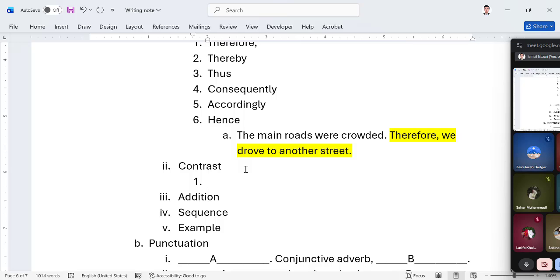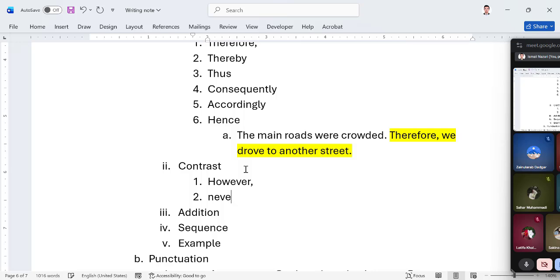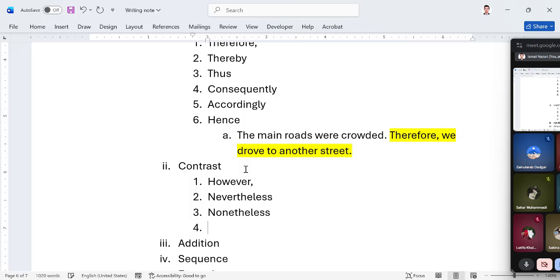If we have contrast, to show contrast in a sentence, we may use some specific conjunctive adverbs as well. So if I have contrast, we may use the word however, nevertheless, nonetheless.